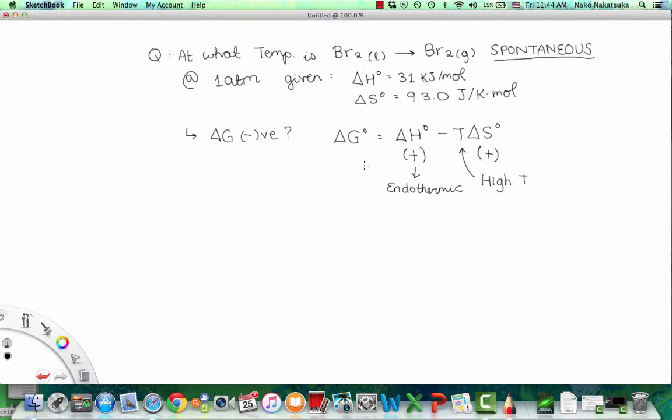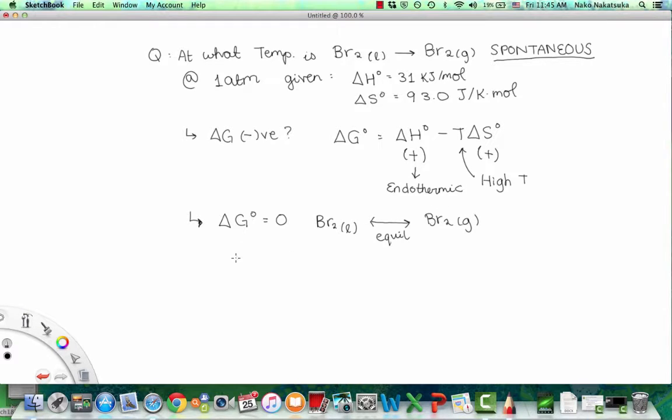Okay, so in order to figure out the exact temperature at which it's spontaneous, we have to do some calculations. So first, we can find the minimum temperature by solving for when delta G is 0. And at this point, Br2 as a liquid is going to be in equilibrium with the bromine as a gas.